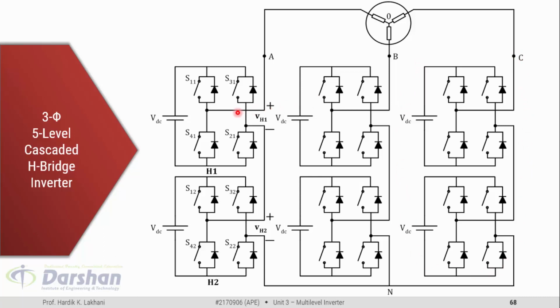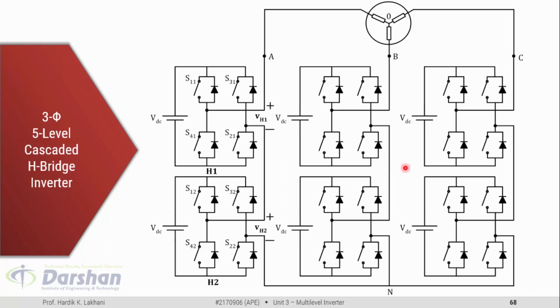Per phase we need 2 units of H-bridge, unit 1 and unit 2, and both of them are connected in series. So when the output is taken between the first and the second terminal, we get a 5-level signal, and that is AC in nature. By keeping a 120-degree phase delay, when we operate this structure with the same switching table, we get the phase B 5-level signal.